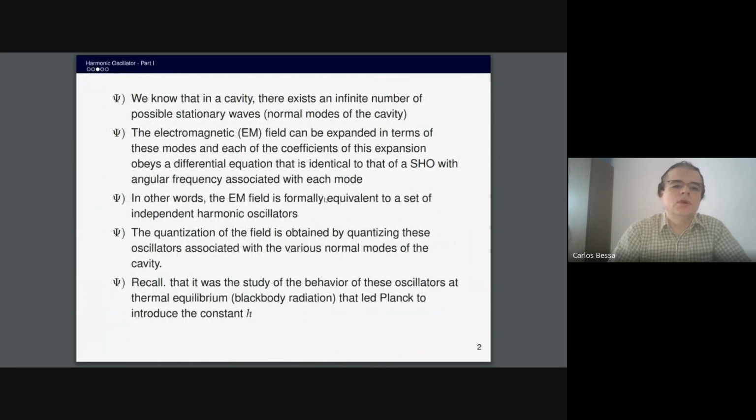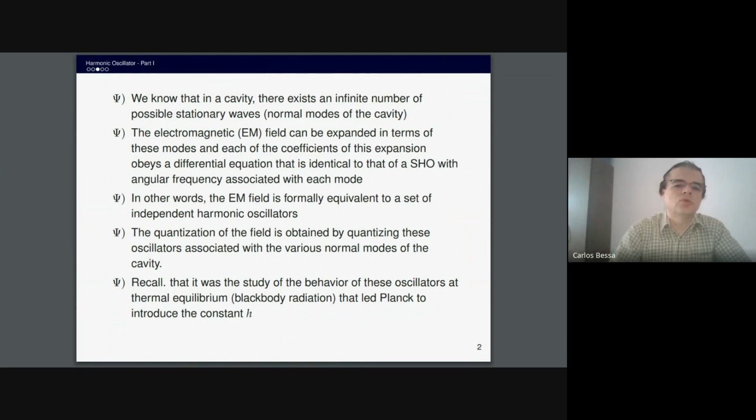As an example, in a cavity there exists an infinite number of possible stationary waves, which in general are called the normal modes of the cavity. The electromagnetic field can be expanded in terms of these modes, and when you solve the Maxwell equations, each of the coefficients of these expansions obeys a differential equation that is identical to the equation of the simple harmonic oscillator, with an angular frequency associated with each mode.